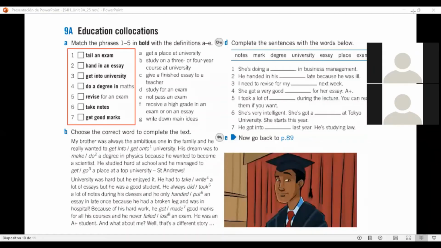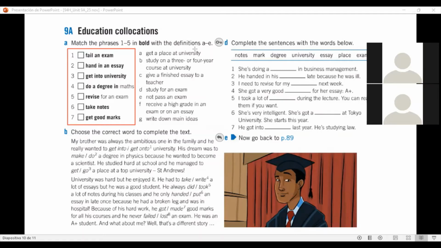So most of these phrases are very used in education field. So it means that you're going to use them when you are talking about some topics of education. Sí, cuando nos referimos a la educación es muy probable, muy posible que ocupemos en algún momento estas frases que tenemos en negritas.